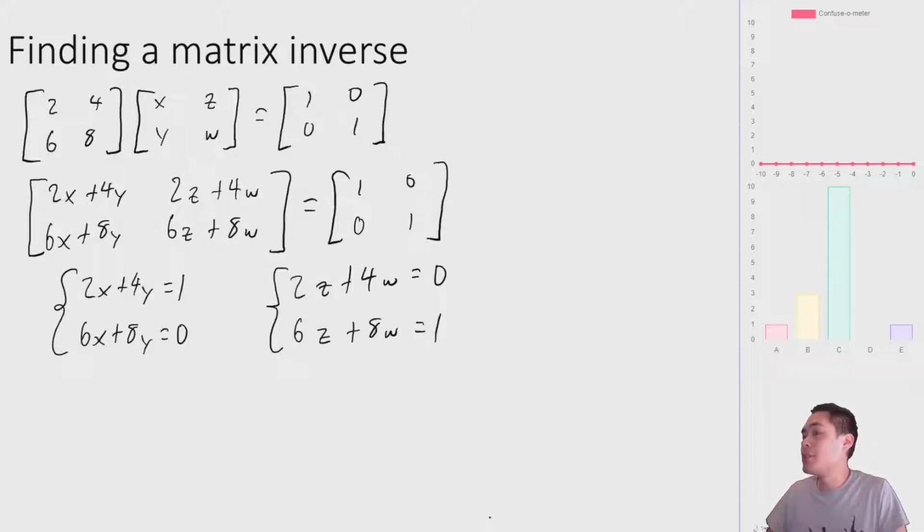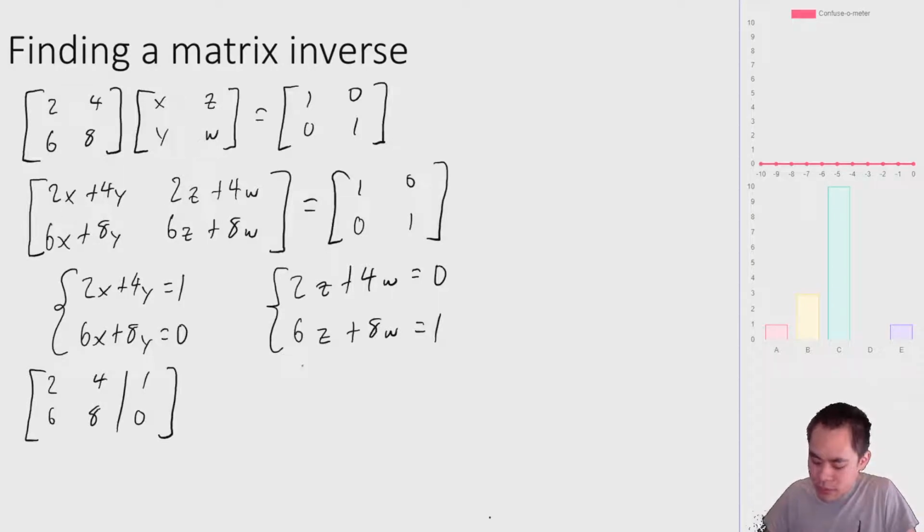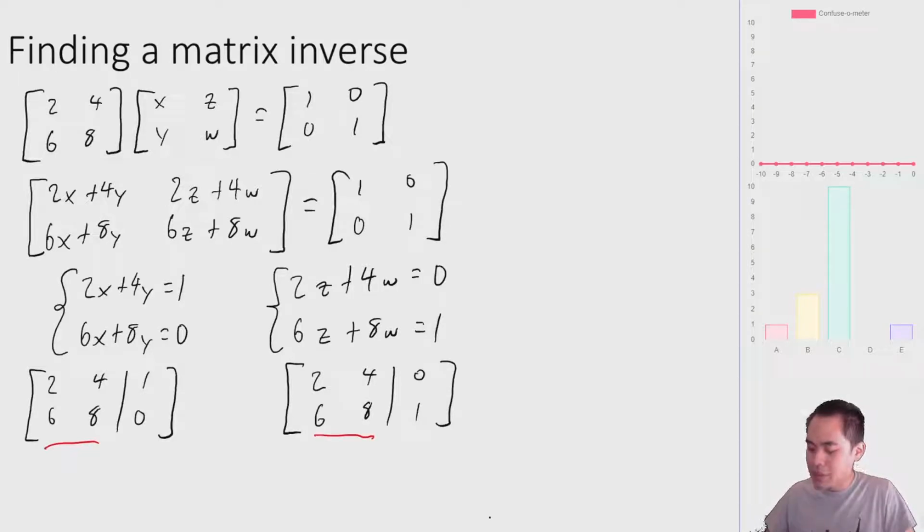Now, we know how to solve these, and one of the ways you can solve these is by using an augmented matrix and doing row reduction. So you get [2, 4 | 1; 6, 8 | 0], and another augmented matrix, [2, 4 | 0; 6, 8 | 1]. You'll notice that the first part of this augmented matrix happens to be the same, because this is your [2, 4; 6, 8] matrix.